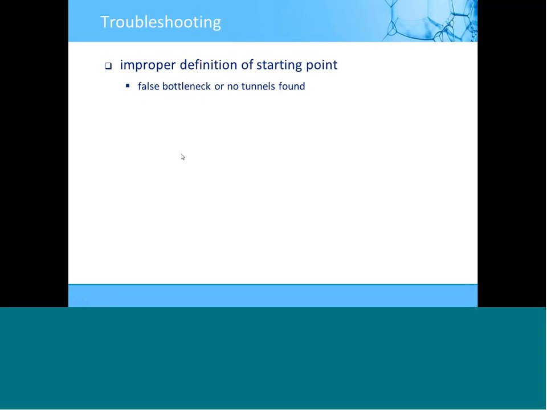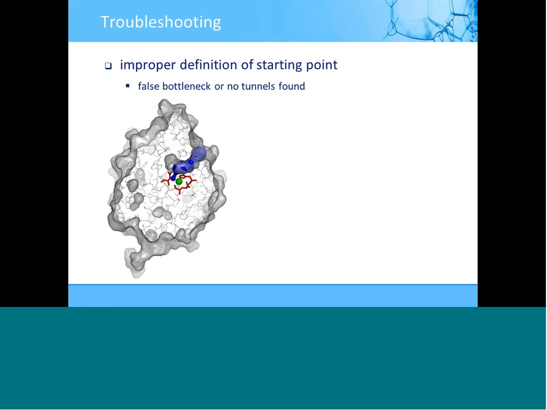Here on this slide you can see a protein in gray. There is a cavity from where you would like to find a tunnel. In red you have residues selected to define the starting point, and the user-defined starting point is in green.